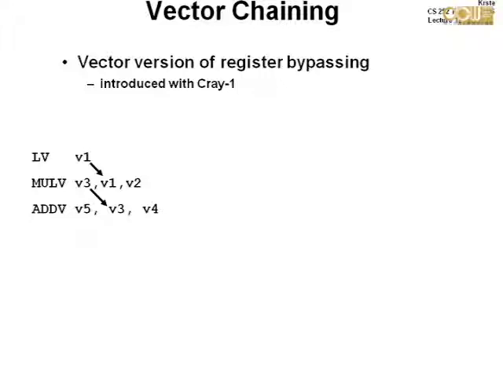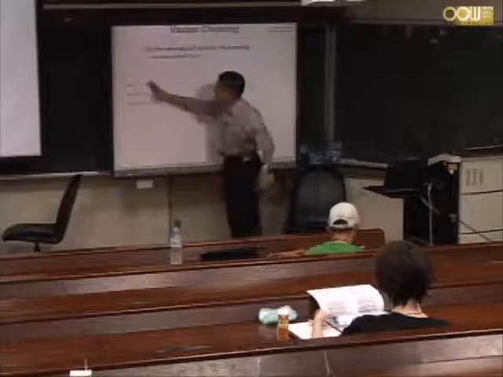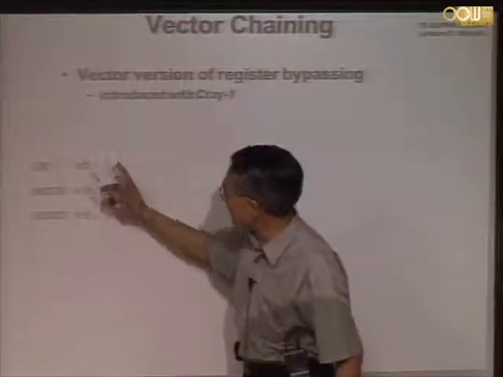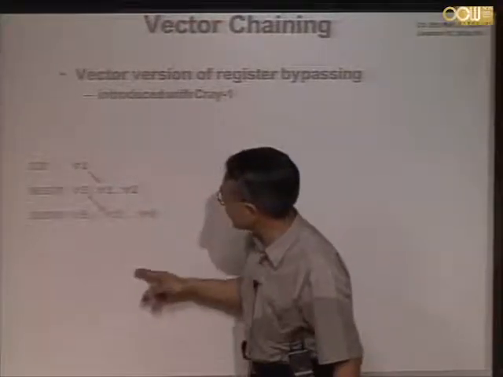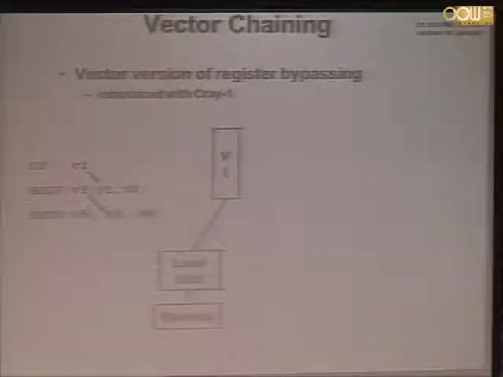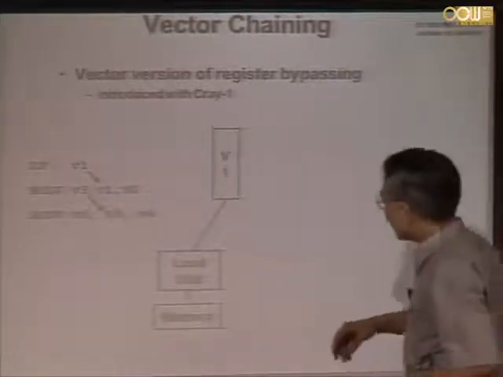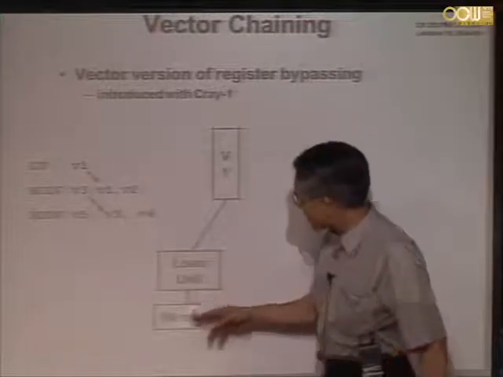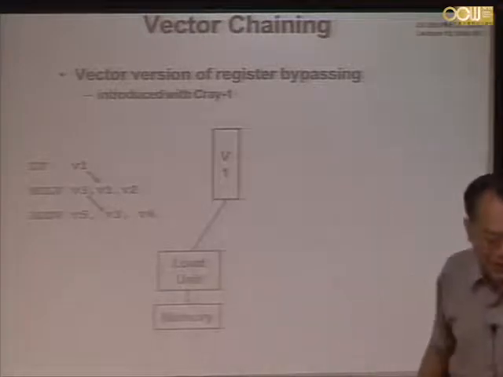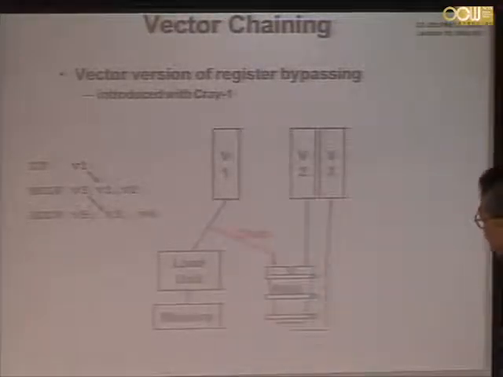should the objects be individual values or the group of values? Of course, individual value would make things more efficient. So when we do vector register processing, like I load V1 and then use V1, what I can do is whenever an individual value is in from the memory, I can pass it directly to the next function unit.